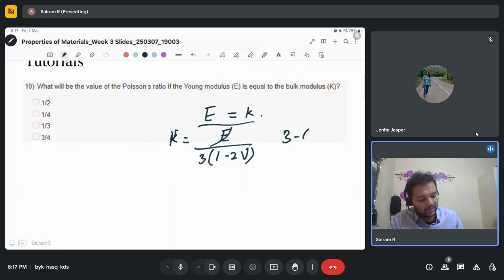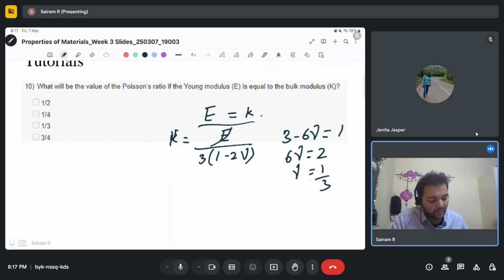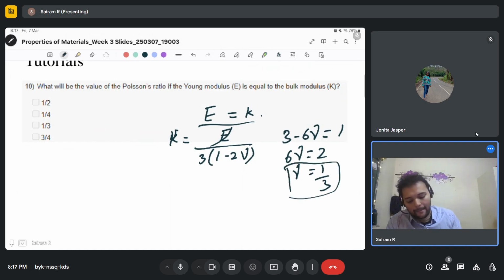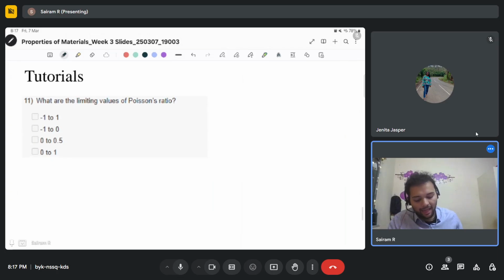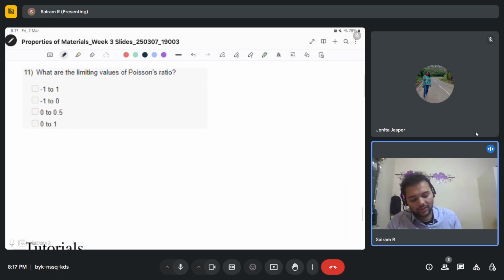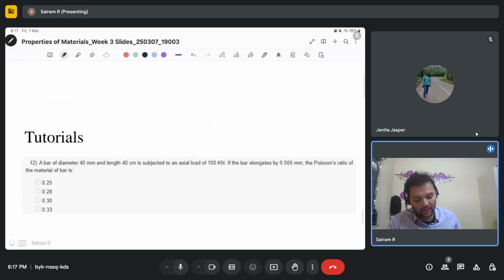So 3 minus 6 nu equals 1, 6 nu equals 2, nu equals 1 by 3. What are the limiting values of Poisson's ratio? It's 0 to 0.5.